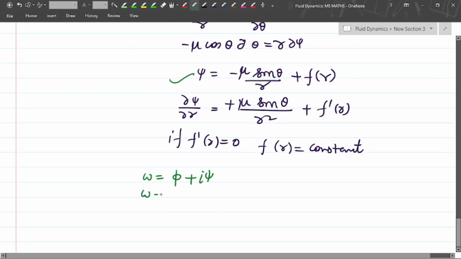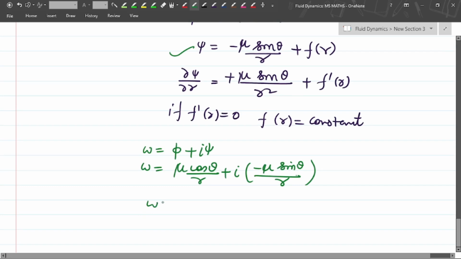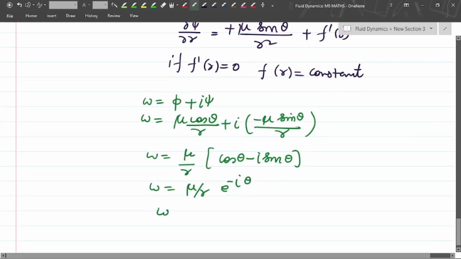So whatever these values are, mu cos of theta upon r plus iota minus mu sin of theta upon r. Basically mu by r, cos of theta minus iota sin theta, and by Euler's theorem, 1 by r e to the power minus iota theta. So we can write w is nothing but mu upon r e to the power iota theta. So it is a complex variable, mu by z.